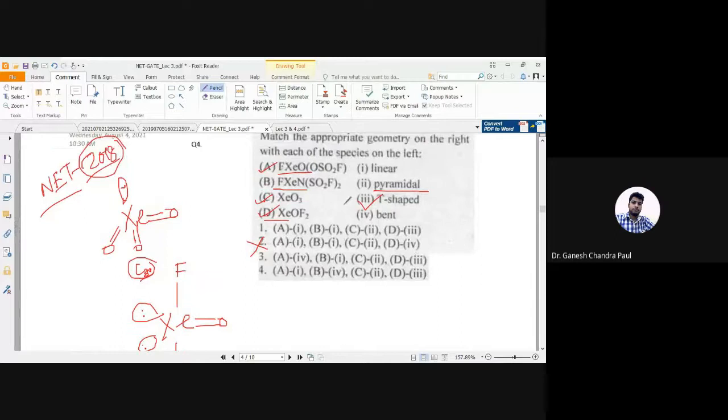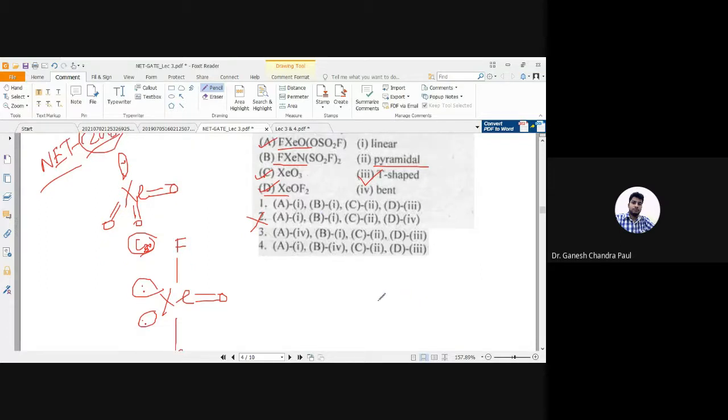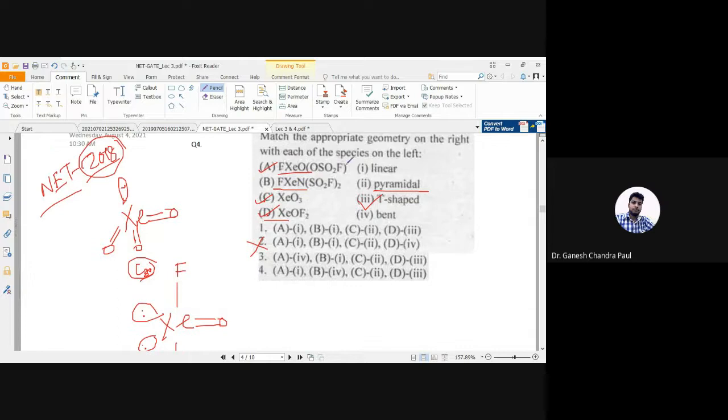Okay, next, coming back to option A. If you look at here, this part is nothing but one group of anionic species.